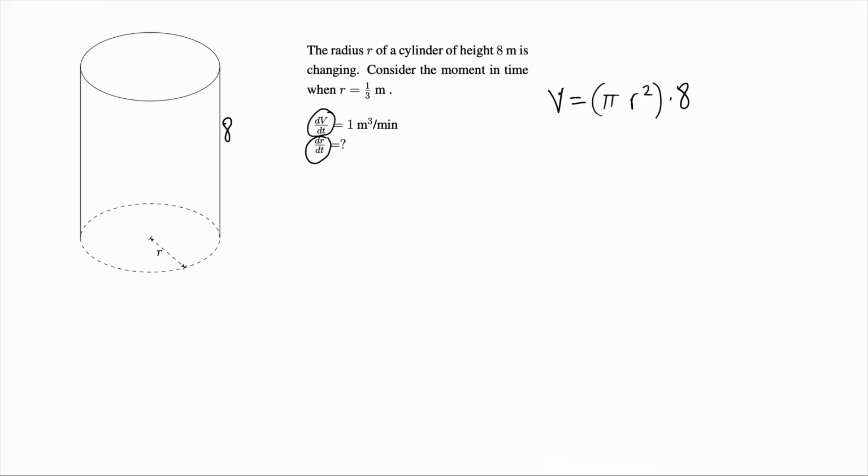We can take a derivative of both sides, and we're going to get on this side dV/dt is equal to, then think of this 8 times pi as being a constant. Just put it at the front. Really taking the derivative of r squared, thinking of r as a chunk, r of t, so it's a function. So we're going to get 2 times r times dr/dt using the chain rule. Okay, so now we have dV/dt is equal to 8 pi times 2r times dr/dt.